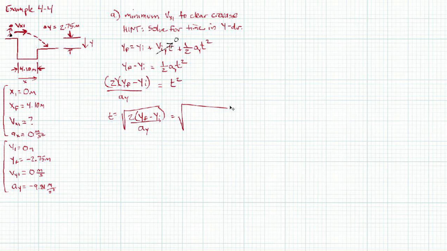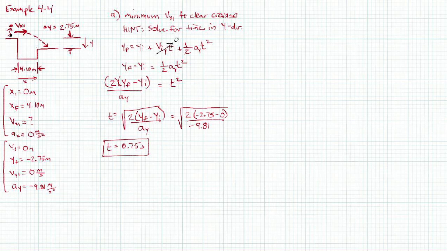That's a little better. So that's 2 times, what's the y final? Negative 2.75 minus y initial, that's 0, over the acceleration, negative 9.81. I'll just keep the units out. We know that our answer is going to be in seconds. So if we calculate all that, our time in seconds comes out to be 0.75 seconds.